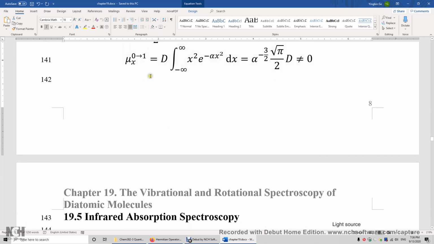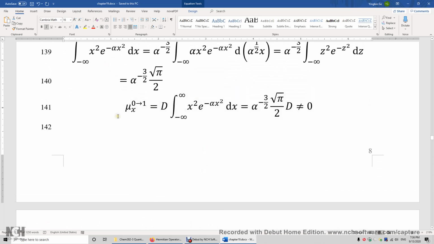So we just proved that this is non-zero, and therefore the squared modulus of the transition dipole moment is positive. That means the transition probability from 0 to 1 is non-zero. It's positive. It's possible to observe the vibrational transition of the HCl molecule from the lowest energy level to the second lowest energy level. All right?